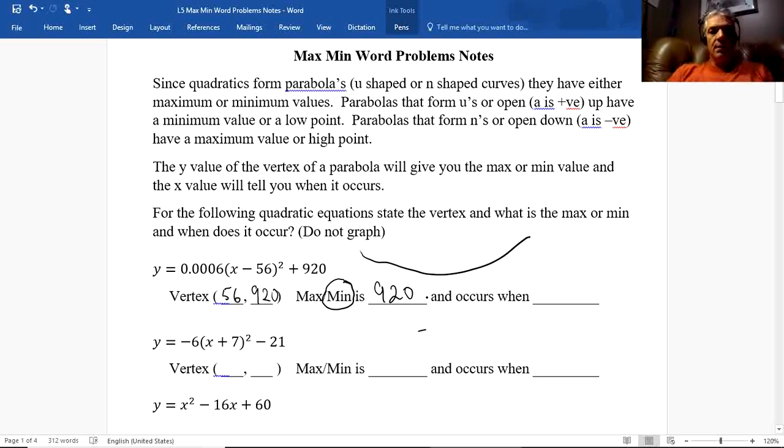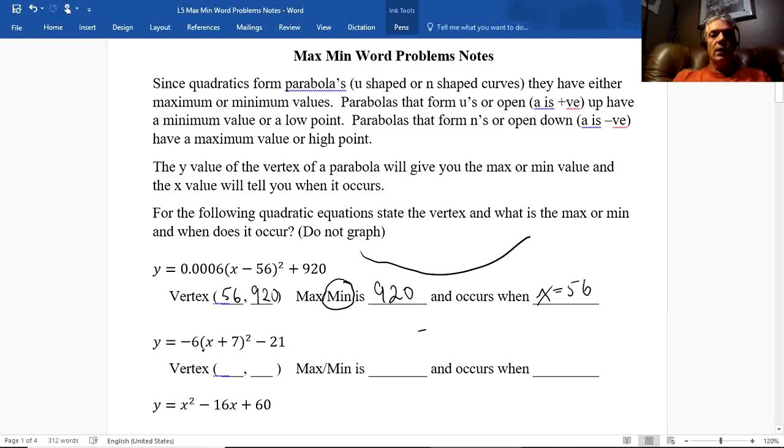So it's going to be a minimum of 920, and that will occur when x equals 56. So we usually say when x equals 56, and this is very common practice, okay? So the minimum is 920 and it occurs when x equals 56, okay?